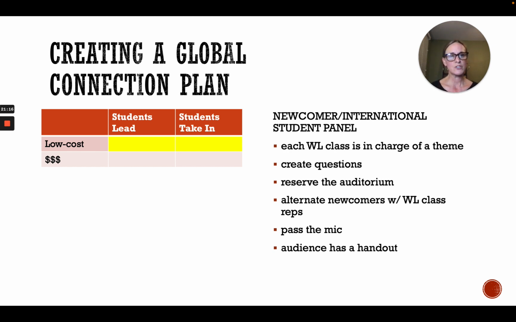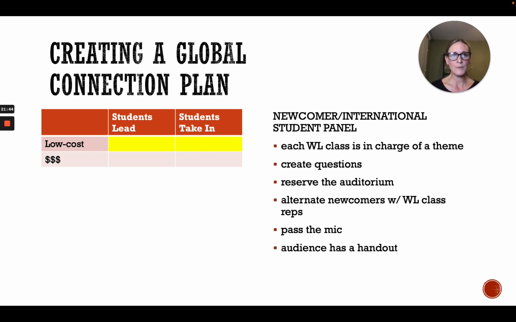Then the world language speakers, class speakers, and the newcomers and international students would alternate on stage. And the international students would have a sign in front of them. It would say their name and their home country. And the world language class speakers would pass the mic around and just alternate asking questions.